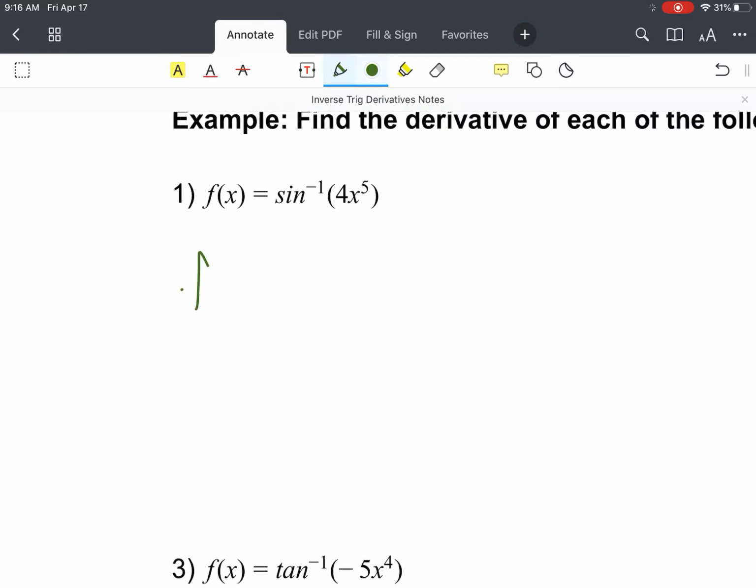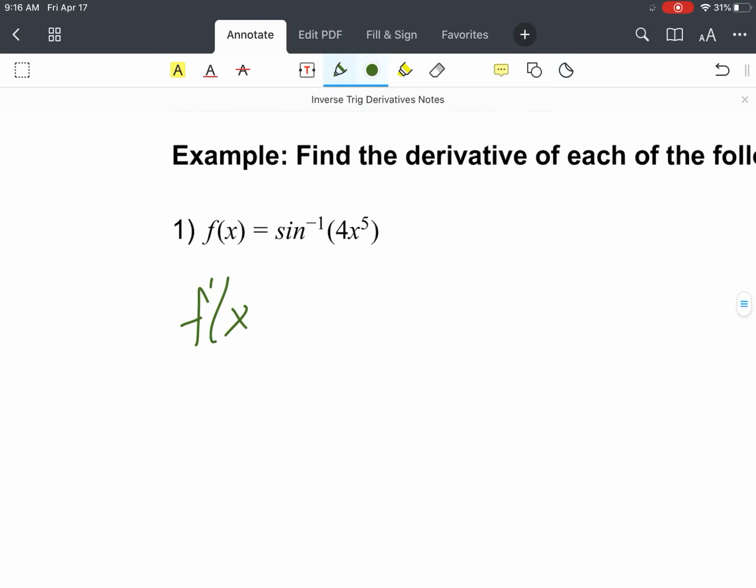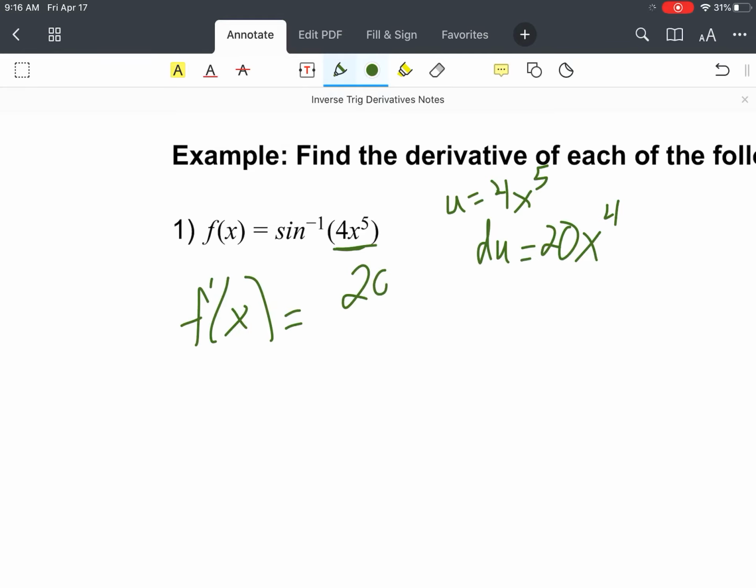So if I wanted to find the derivative of arc sine of 4x to the 5th, I'm going to say f prime of x equals, okay, the derivative for arc sine, that rule, is to take whatever's in here and find the derivative of it. It's almost kind of like u substitution. So if I call u 4x to the 5th, du would be 20x to the 4th.